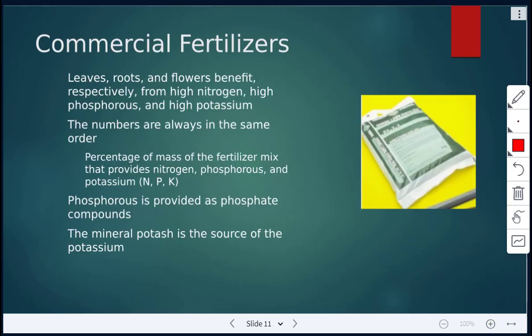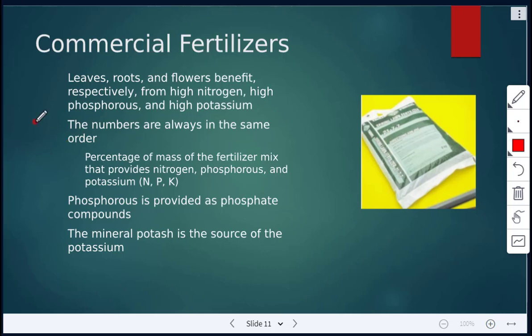All right, so next we are looking at commercial fertilizers, which you can just find at stores to help the plants grow. For example, leaves, roots, and flowers benefit respectively from high nitrogen, high phosphorus, and high potassium.